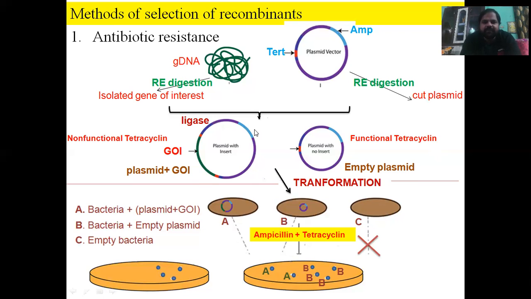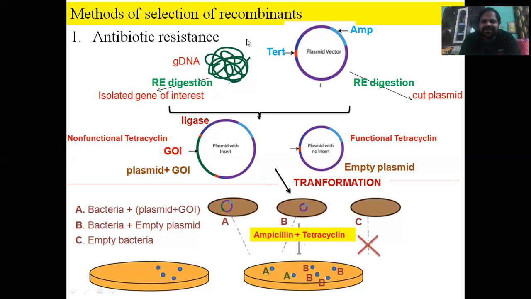So what will happen? We can see here that there are two different genes for two different antibiotic resistances. One is tetracycline and another one is ampicillin. Now we can see that our gene of interest has been inserted inside this tetracycline gene. Now the construct of this gene has been disturbed just because of the insertion of our gene of interest.